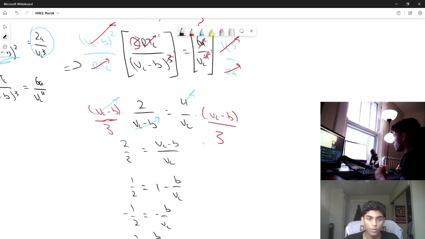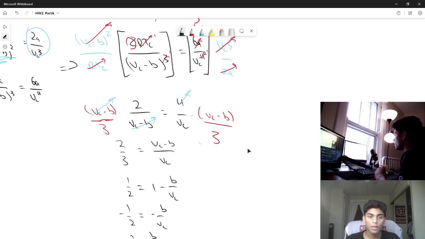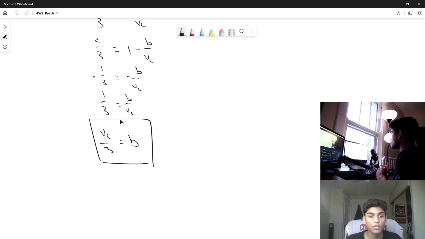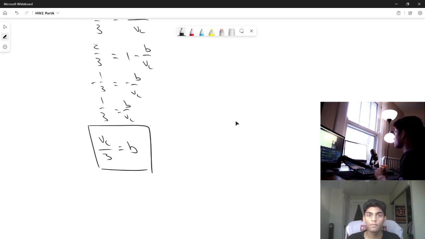Oh boy, math can be hard sometimes. So this is going to be 2 over 3, so that's going to be minus 1/3. So 1/3 here. So b is actually equal to the critical volume divided by 3, and that's how that is derived.